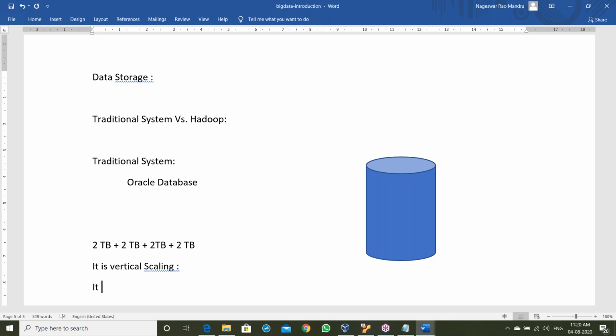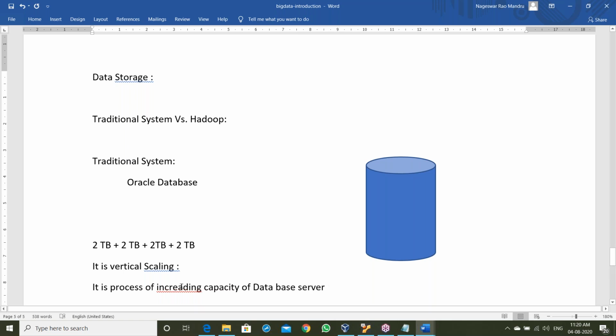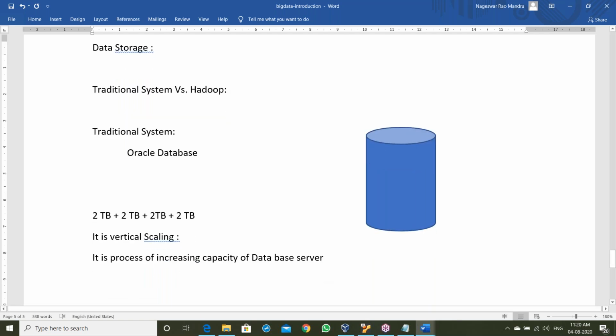Initially 2 TB, then the next 2 TB, and the next 2 TB, just increasing the capacity of the database server.